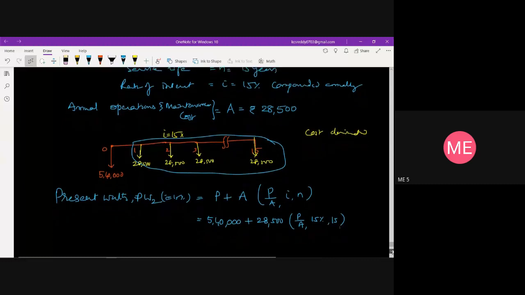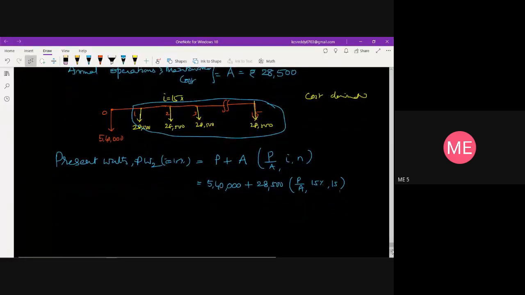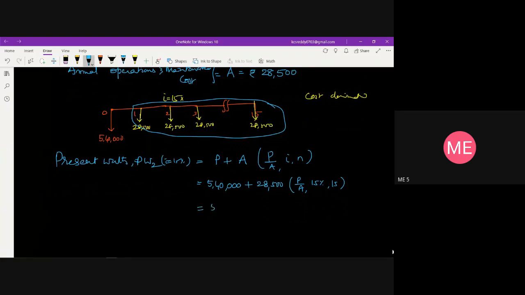We had already taken the factor from the previous alternative, so the same factor can be written here. 5,40,000 plus 28,500 into 5.8474.